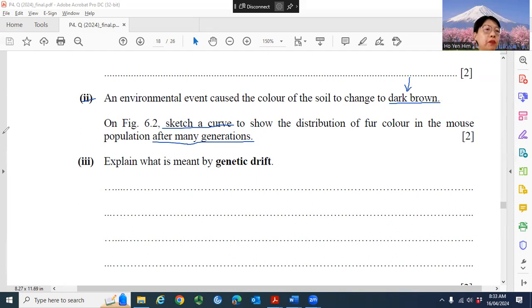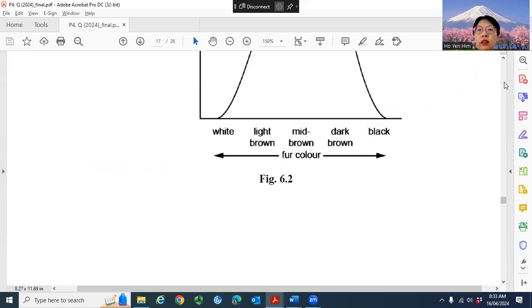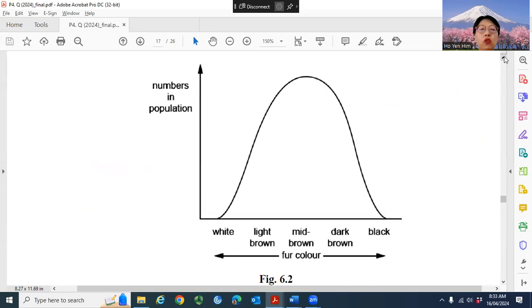So what you need to draw here is dark brown as the optimum color. Red color. So dark brown becomes the optimum color, and the rest, the number must drop. So you should draw something like this.